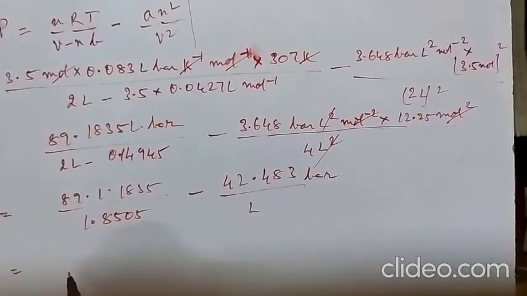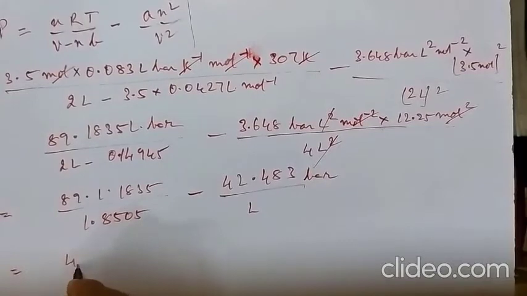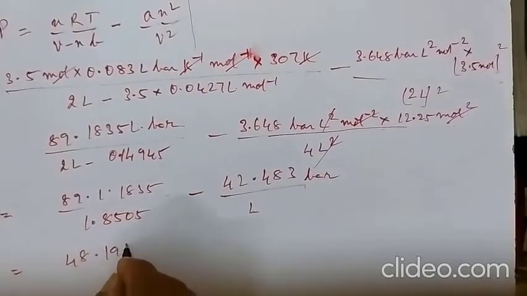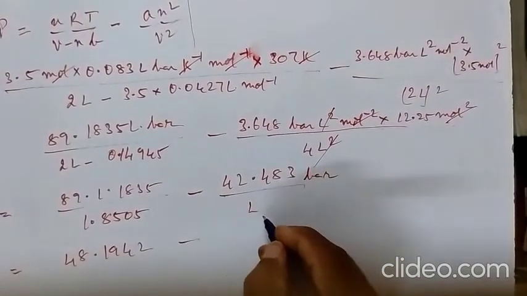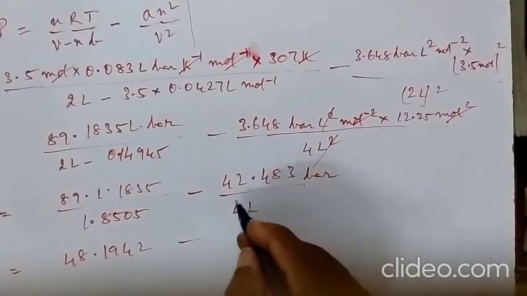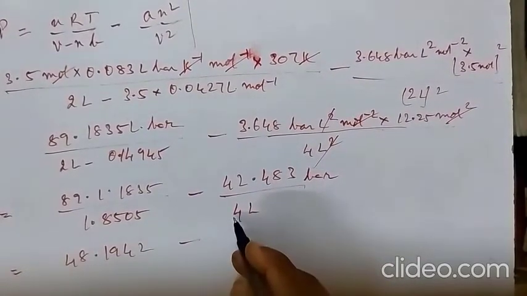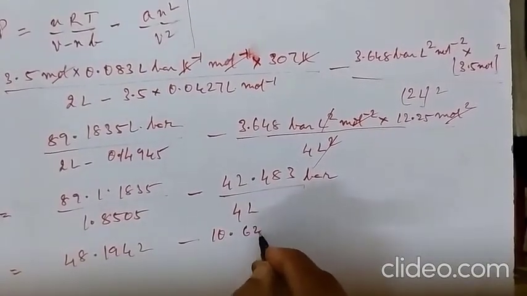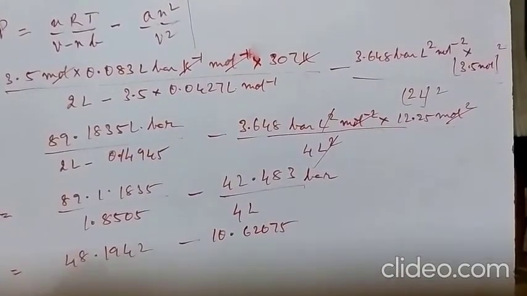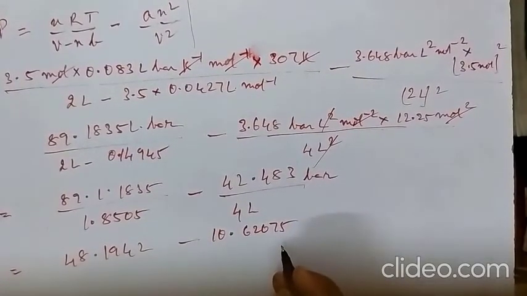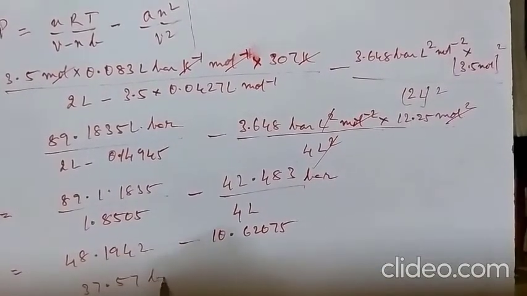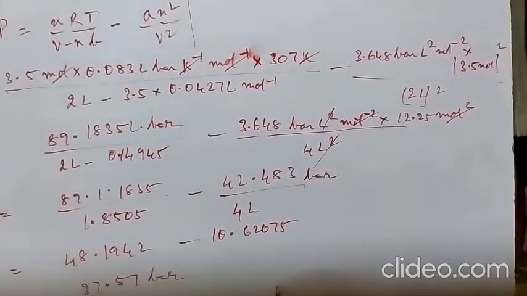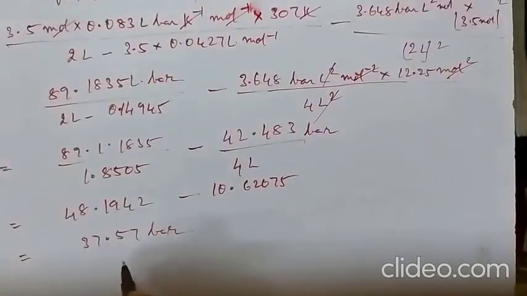So this becomes, if we simplify this, 48.1942 minus 42.483 by 4, which can be obtained as 10.62075. If you subtract this, the final value we get is 37.57 bar. So this is the pressure of the gas.